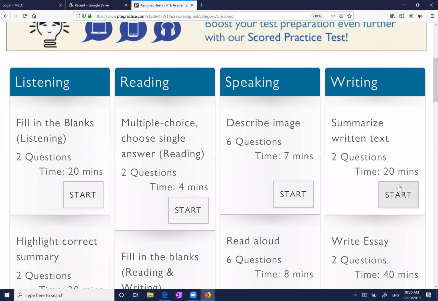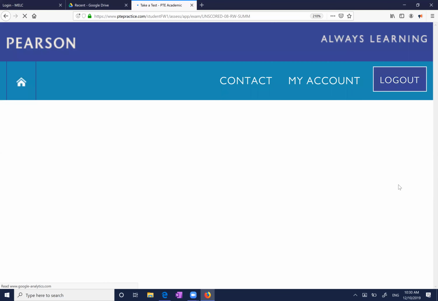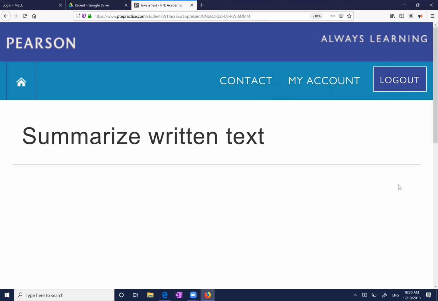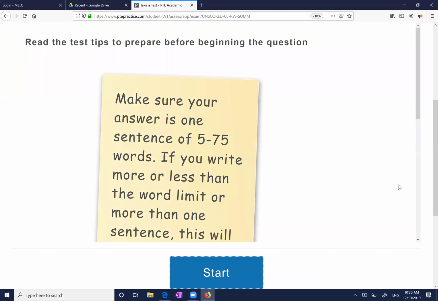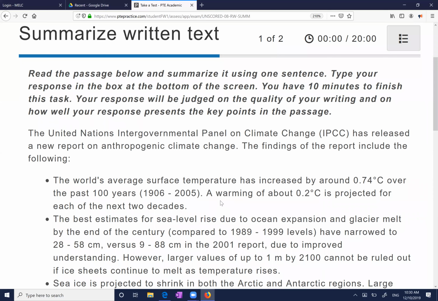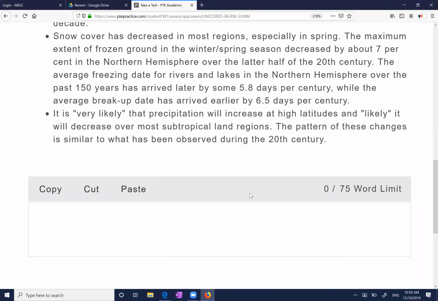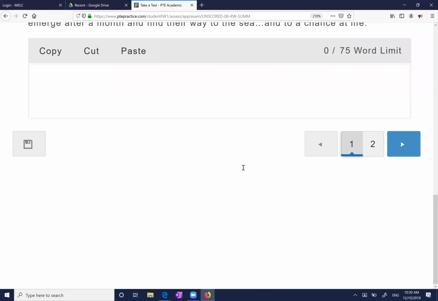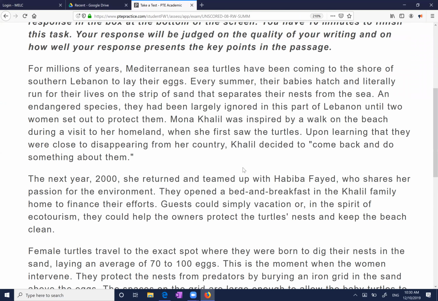Now have a quick look at number 2. Look at the second question. Now read it carefully because it's going to be very interesting when you look at the answer.